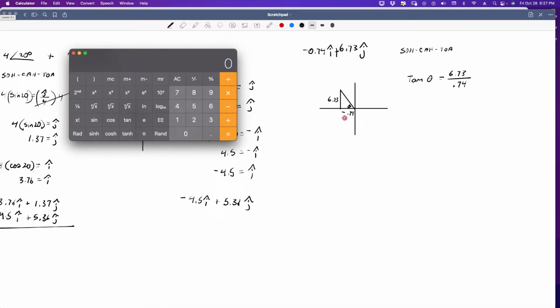The negative only serves to tell us which quadrant it's located in, or where it's located on the x-axis. That's all it's good for. So 6.73 divided by 0.74 is 9.09.